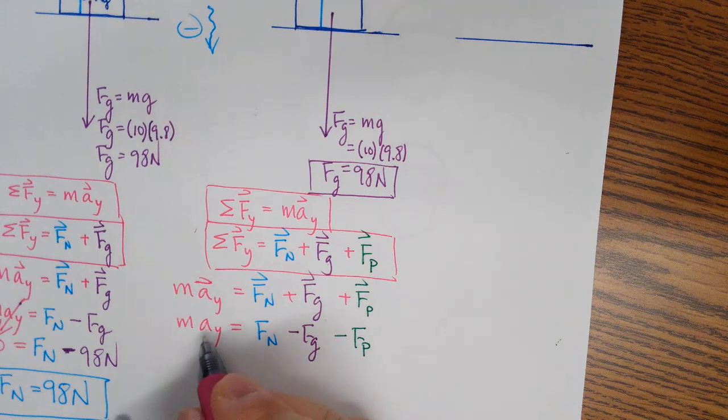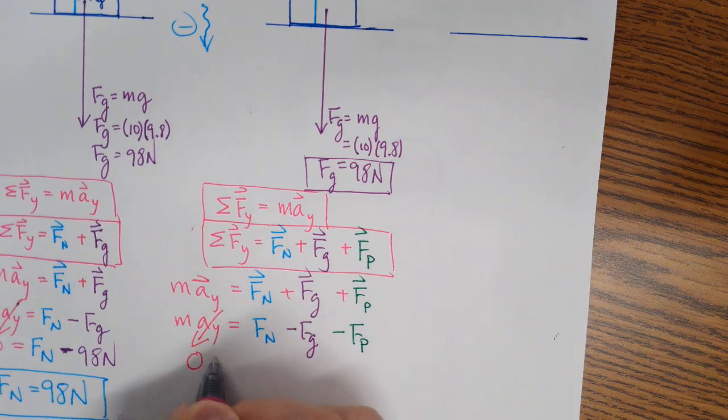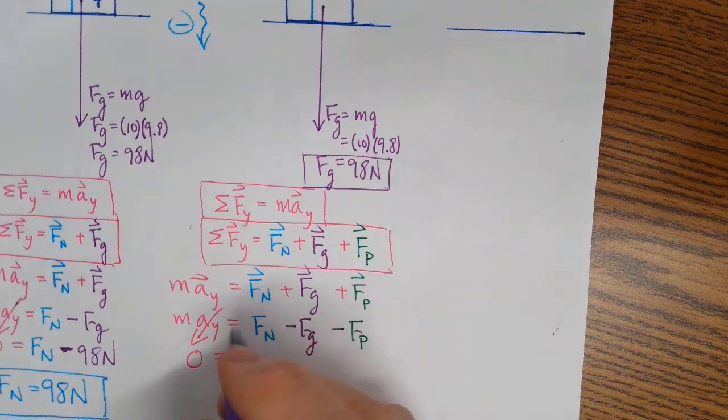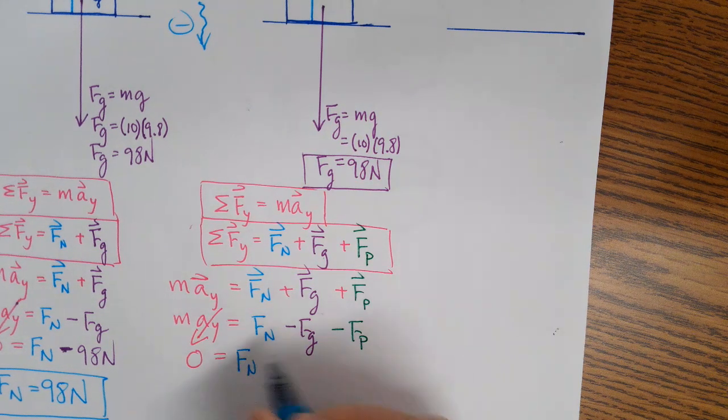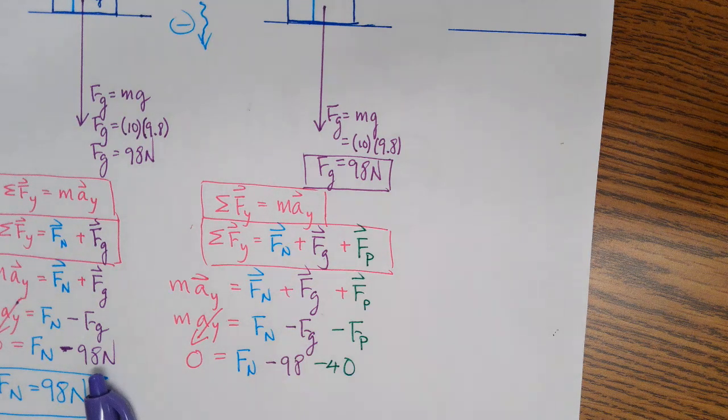Again, my acceleration in the y direction is 0, so this whole term goes to 0. Now I have 0 is equal to F normal minus 98 minus 40 is equal to 0.